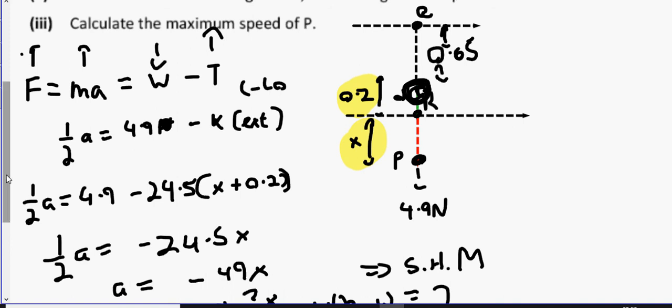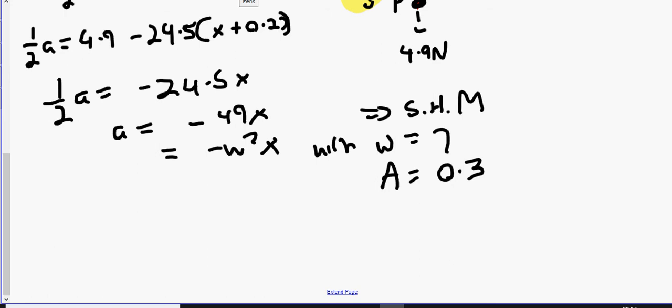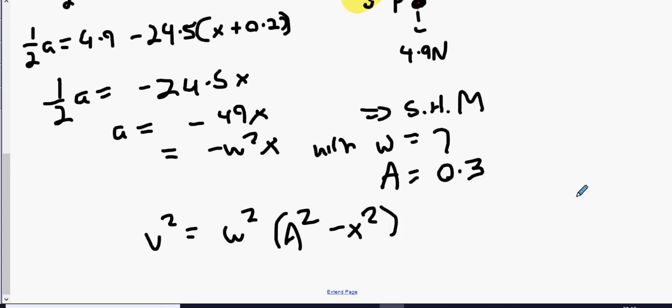So we take out our good old friend v squared equals omega squared times a squared minus x squared. And what did we figure out? That the displacement has to be 0, as in you're actually at the equilibrium position. So therefore v squared equals 7 squared, which is 49.